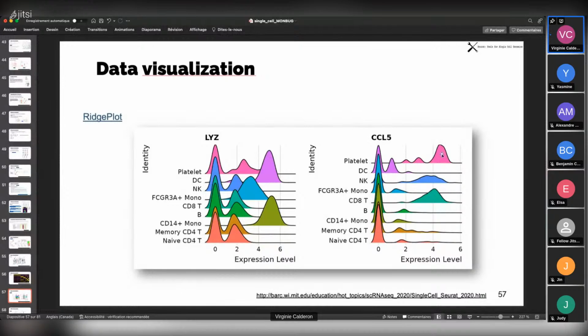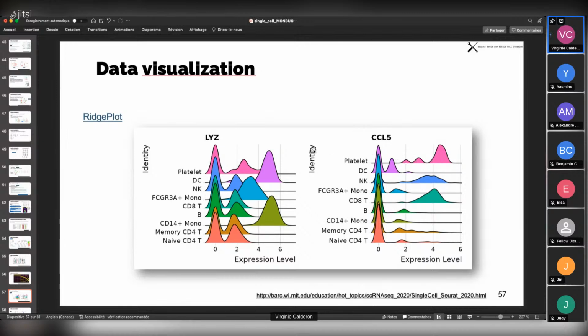Some cells are expressing this gene at level 5, at 3, or 2. So it's not that it's expressed at the same level in all the cells, compared to maybe another example. This gene here, Liz, in this population is expressed, you know, normally in all these cells. Here we see that you have different levels.